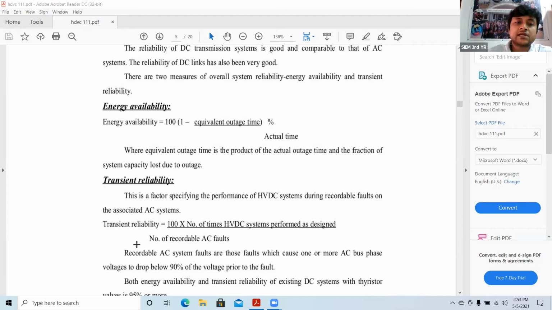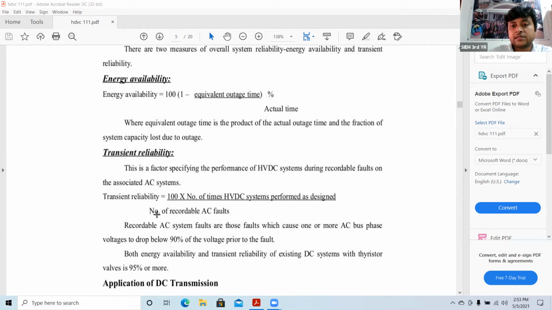So transient reliability is given by 100 into number of times HVDC system performed as designed by number of recordable AC faults. Now these things you have to remember in your mind. The recordable AC system faults are those faults which cause one or more AC bus phase voltage to drop below 90% of the voltage prior to the fault.